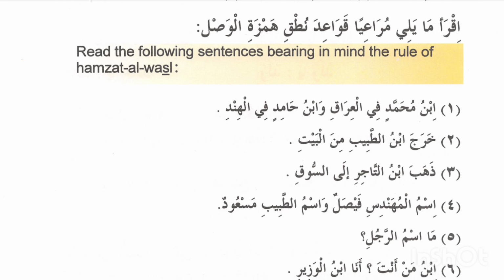Kharajabnut Tabibi minal Bayt, the doctor's son went out from the house. Zahababnut Tajiri ilas Suq, the merchant's son went to the market. Ismul Muhandisi Faisal, the engineer's name is Faisal. Wasmut Tabibi Mas'ud, the doctor's name is Mas'ud.